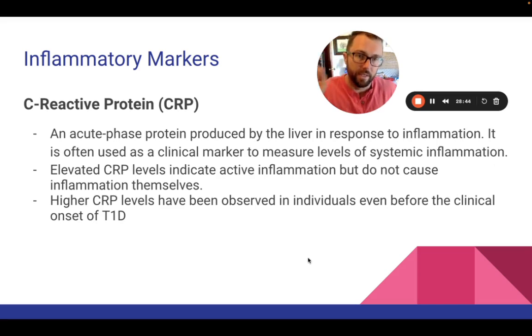Higher CRP levels have been observed in individuals even before the clinical onset of type 1 diabetes. This just feeds into the idea that people with diabetes are very inflamed even before they have diabetes. Before they even have the clinical manifestations of diabetes, they are inflamed. CRP is one of the ways to find that out.